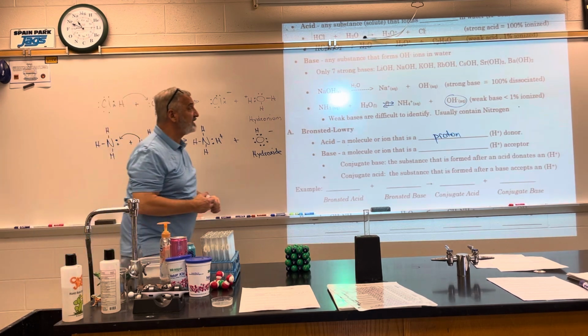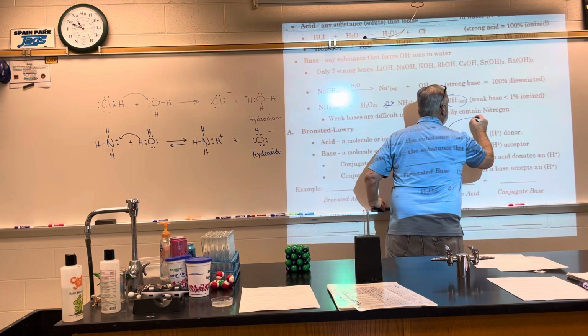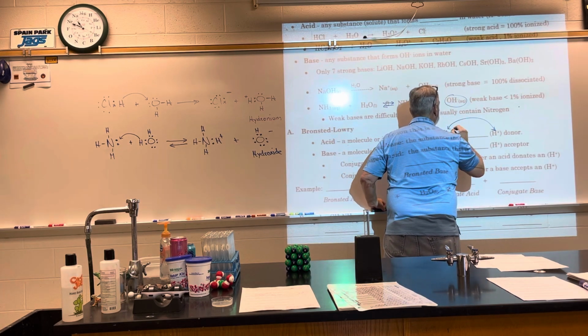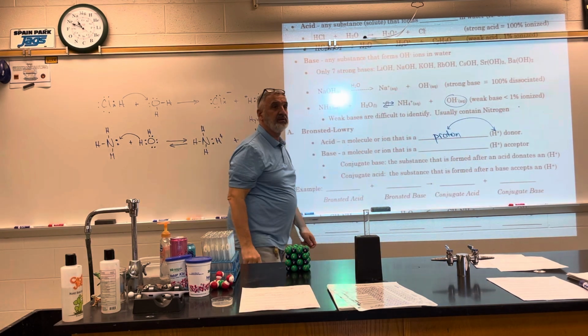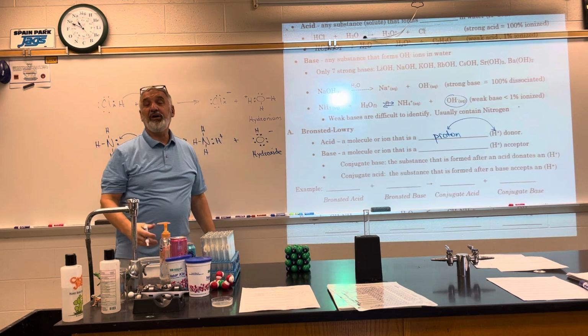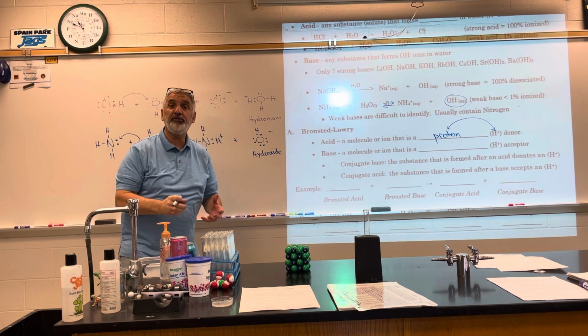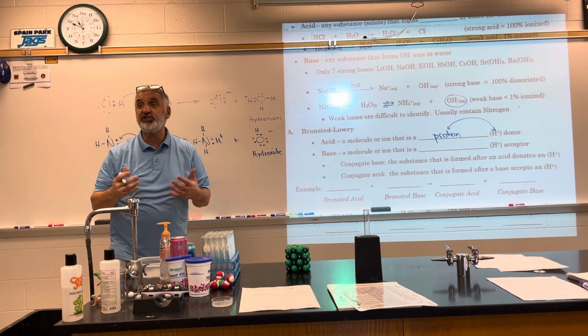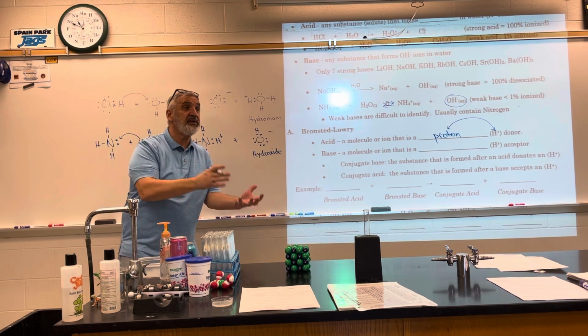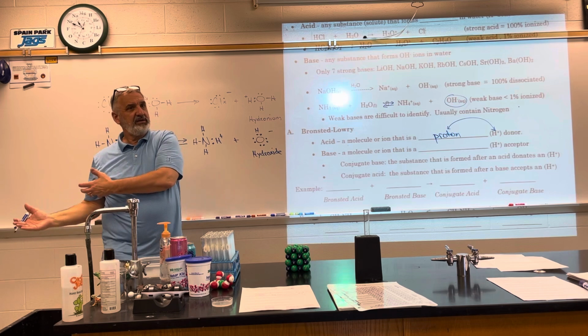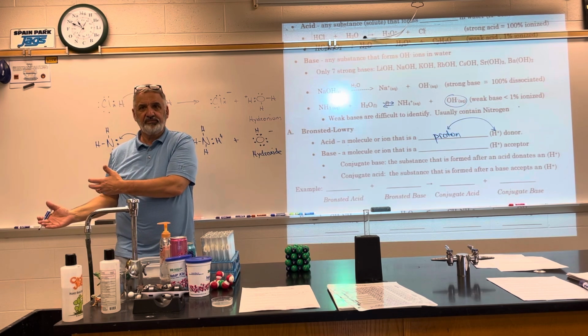So an H+ ion is really just a proton. So Arrhenius, Bronsted and Lowry all talk about proton donors, proton acceptors. That's just your H+ ion, because an H+ ion is simply a proton. Okay?